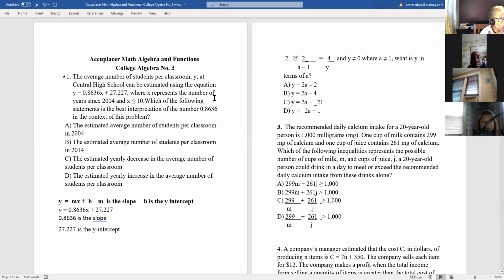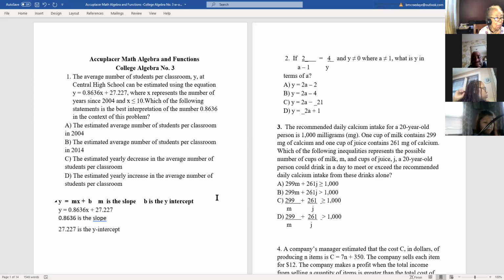Now the X represents the number of years since 2004, where X is less than or equal to 10. That's right. So the average number of students per classroom is Y. On the y-axis, we have the average number of students per classroom.